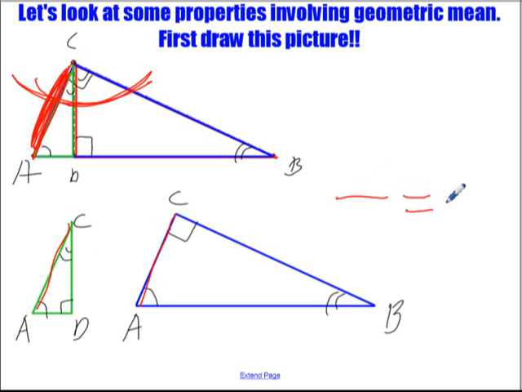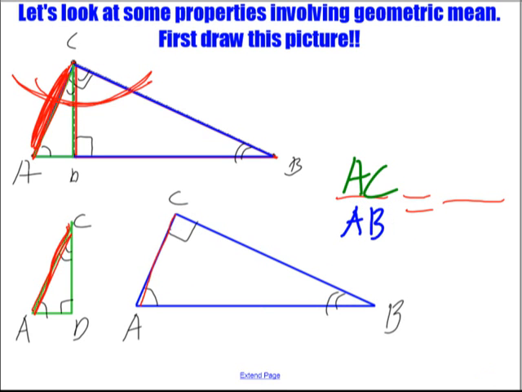So we're going to write a proportion for that one. So AC in the green triangle is the hypotenuse. So that should correspond with the hypotenuse in the blue triangle, the hypotenuse being the one opposite the right angle. So that's opposite AB in the blue.